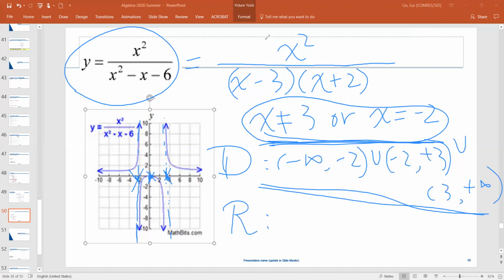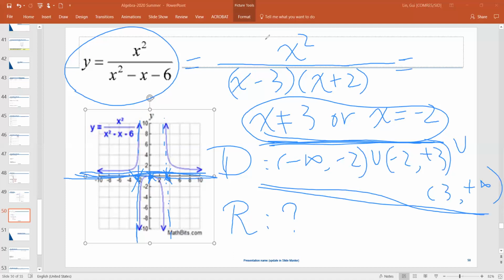Right? What other part is missing here? I don't know what part is missing. So keep this as a question for yourself. What possibly didn't they get? Which part? So x cannot equal 3.